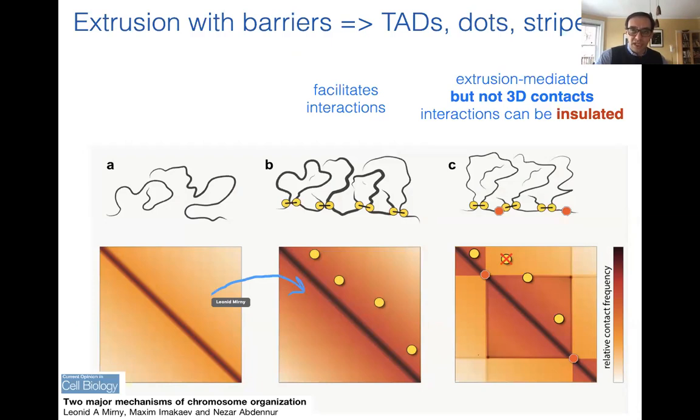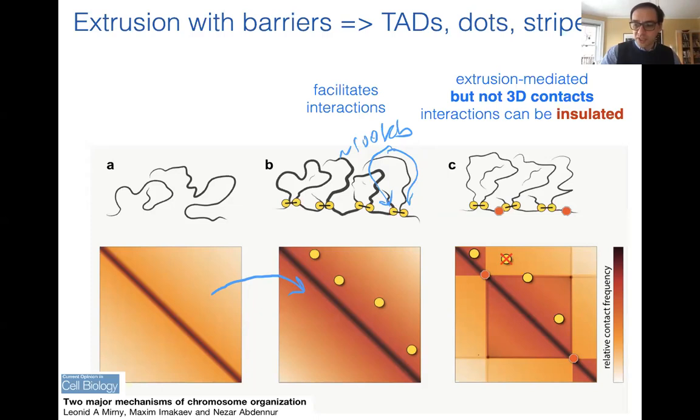All distances are smaller, at least at the scale of extruded loops. And again, the scale of extruded loops is roughly hundreds of kilobases. All these interactions are facilitated, but you do not get any sort of features that are visible on the population average map.